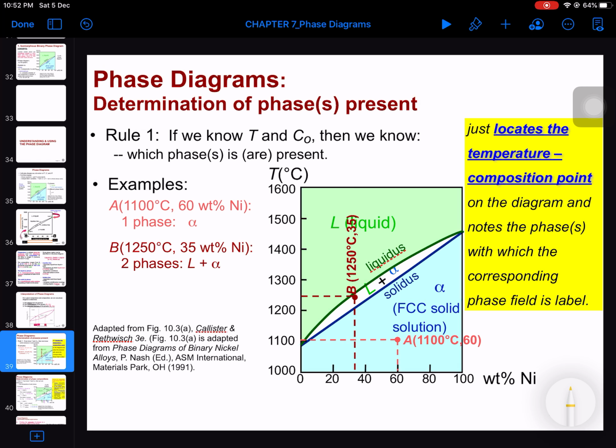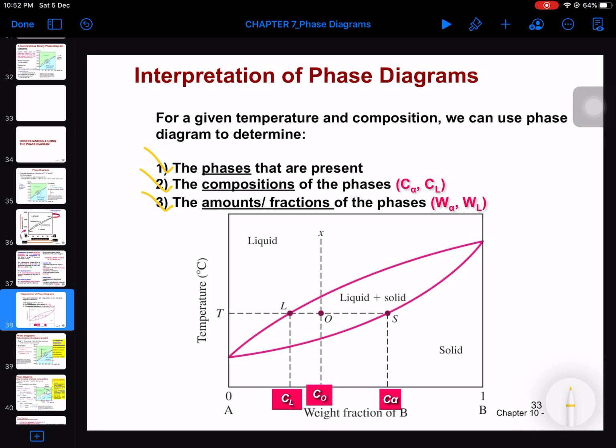In order to do this, this is a copper-nickel phase diagram, for example, the isomorphous system.